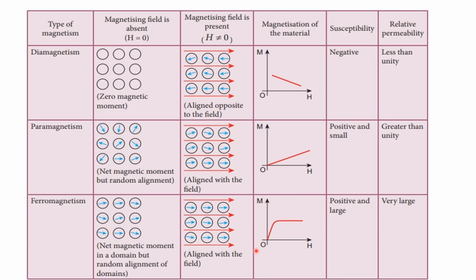Then if I plot a graph between magnetization and H, I can see a very great increase in the value, and it also stays stable. So positive and large. This is more towards the x-axis, this is more towards the y-axis, which means a larger value. So both are positive, but this is a small value, this is a larger value. Then permeability is very large.